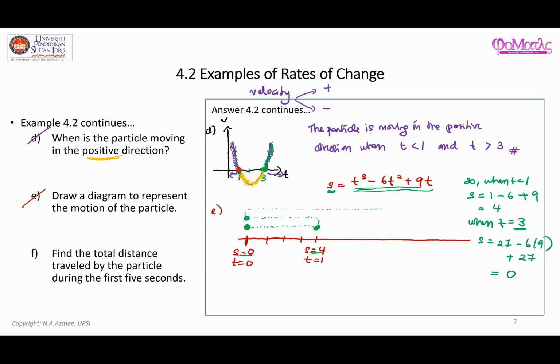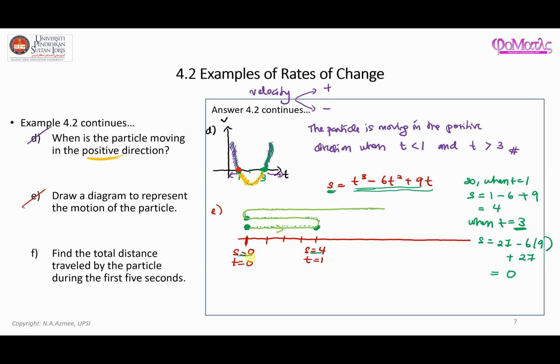Okay, so that is the diagram to represent the motion of the particle. And perhaps I can connect this process so that it can be seen clearly. This is the direction. Okay, you can compare this diagram with the velocity function here.